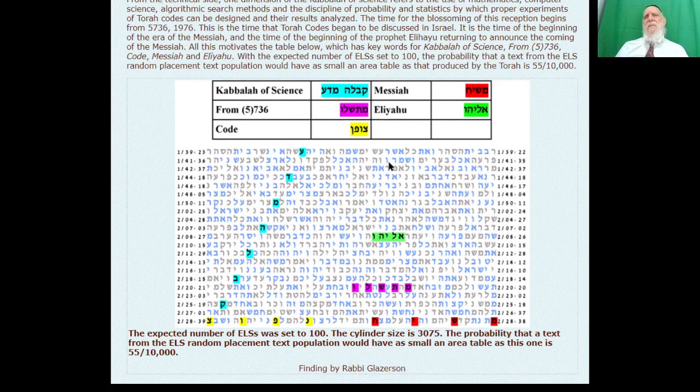Now, what you see now is very, very important because this really explains the idea of the Bible code, which in Hebrew is Tzofen code. What you are going to see are very important meetings of the words Kabbalah Mada, which is Kabbalah and science in one sentence, based on the idea of Tzofen, the code.